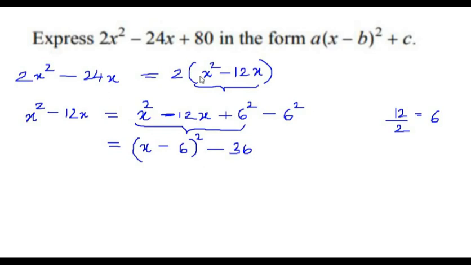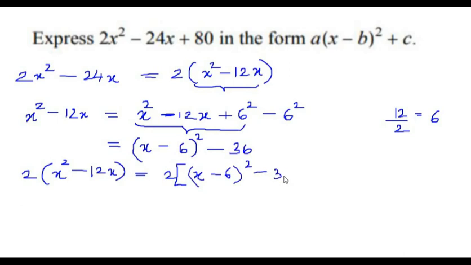Now let us get back over here. x square minus 12x was multiplied by 2. That's why 2 times x square minus 12x, we write as 2 times, in place of x square minus 12x, the value which we have got here, that is x minus 6 the whole squared minus 36.